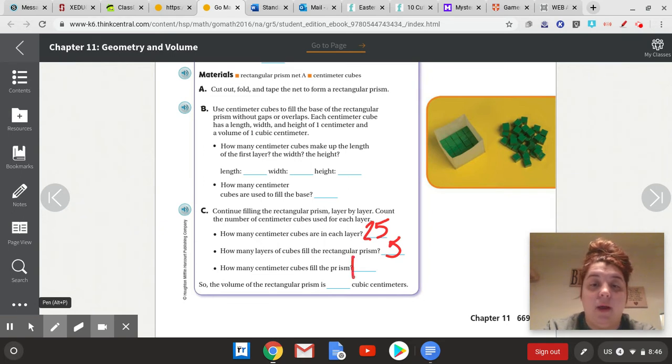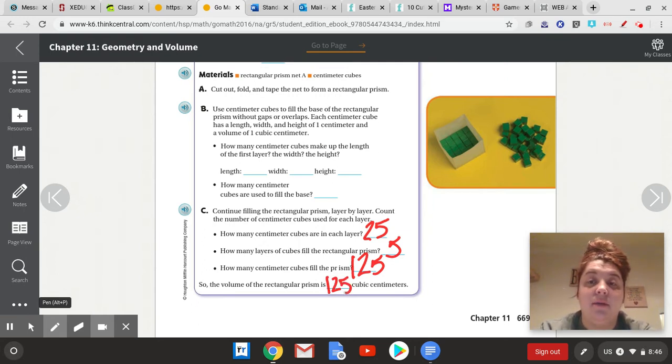Okay, you get 125. That's how many centimeter cubes fill the inside of that rectangular prism. And so the volume of that rectangular prism would be 125 cubic centimeters.